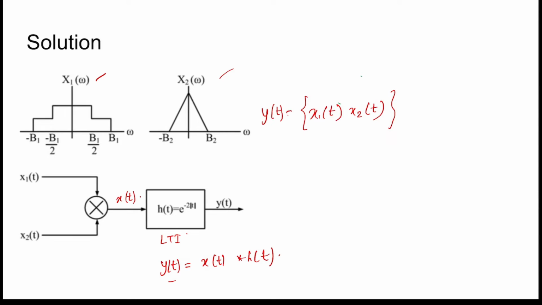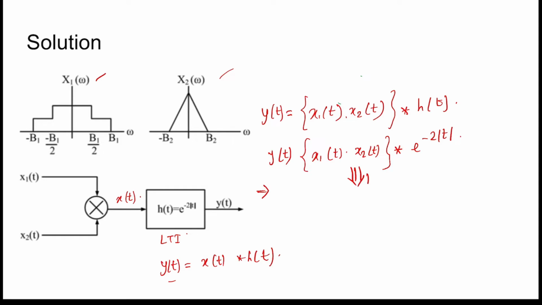So y(t) equals x1(t) into x2(t) convolution h(t), where h(t) is e to the power minus 2 modulus of t.